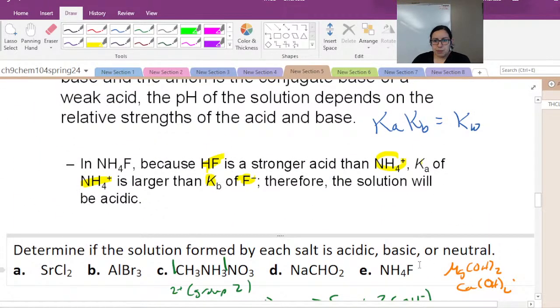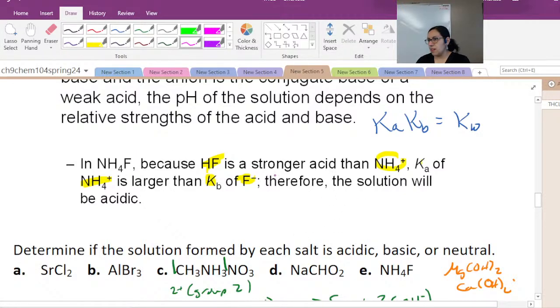And then we'll probably skip this last one, because they kind of gave us the answer up here, and we probably won't do this for the sake of Chem 104, since you have to calculate the Kb and Ka and so on. So I won't have you compare salts that are acidic and basic.